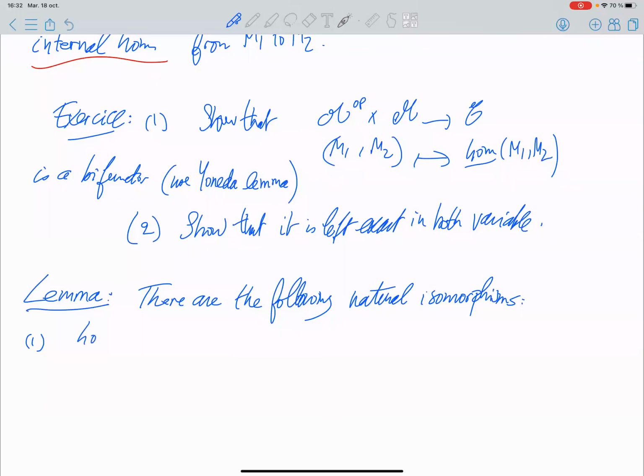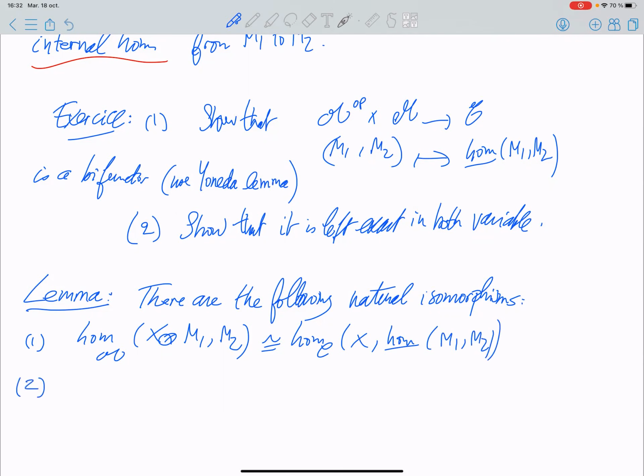So the first one is the definition of internal Hom. So this is okay. Natural isomorphism like that. This is the definition.